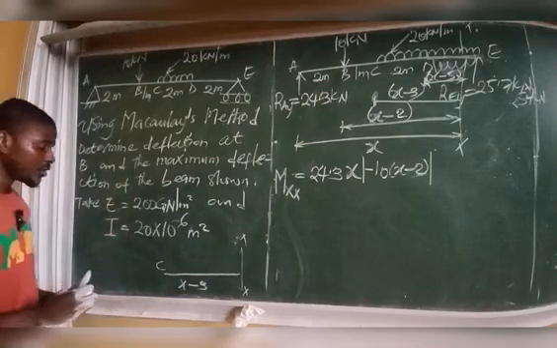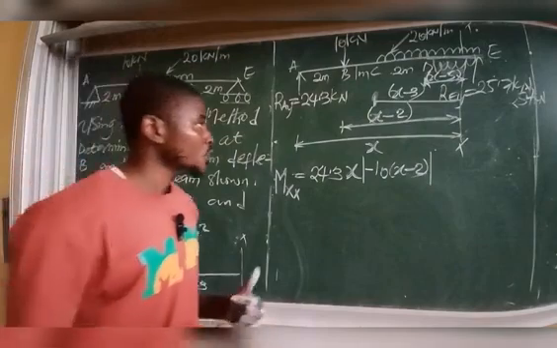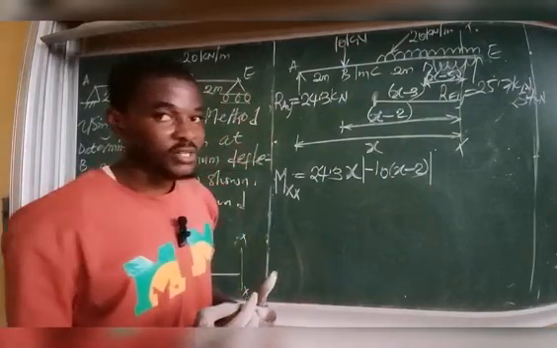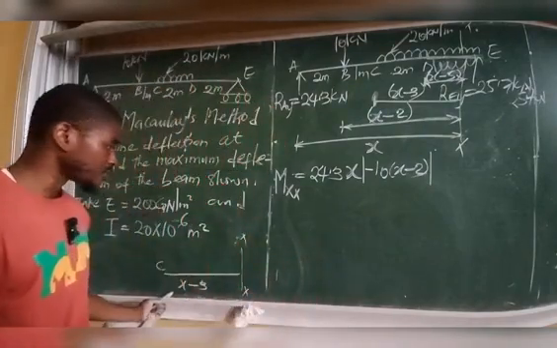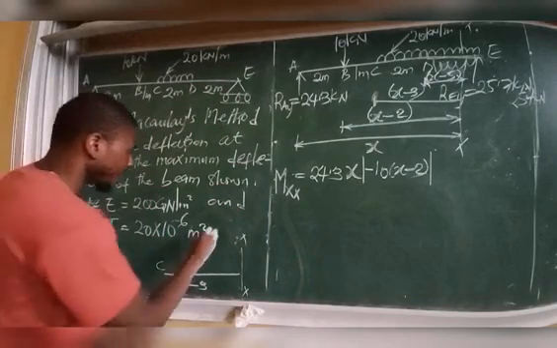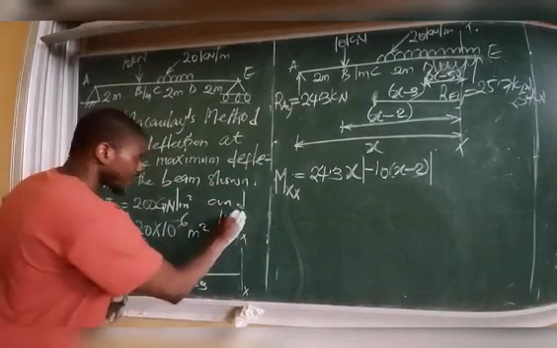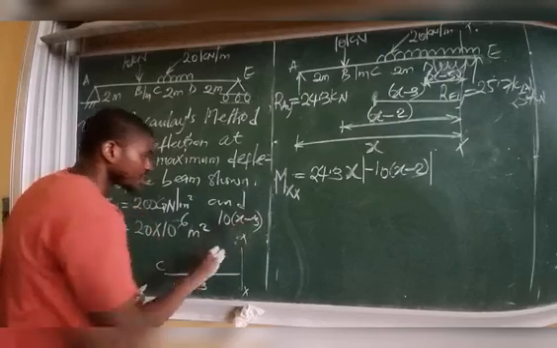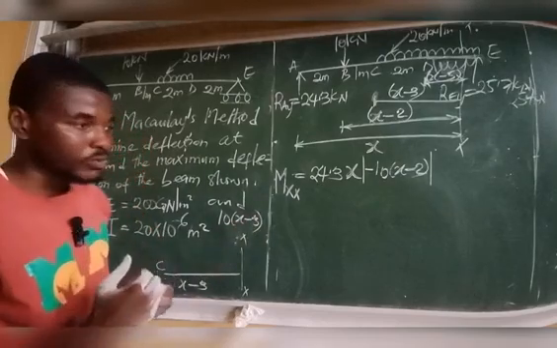To convert a UDL to a point load, first you multiply the intensity of the UDL by the length covered. The length now is x minus 3. Therefore, the point load becomes 10, which is the value of the UDL, times x minus 3. This gives us the point load.